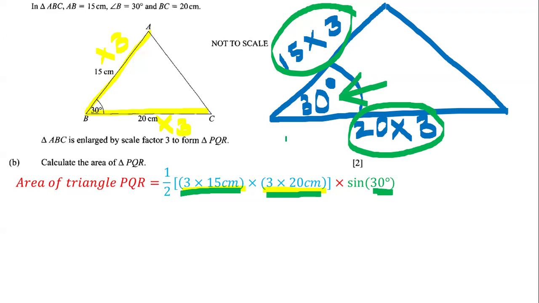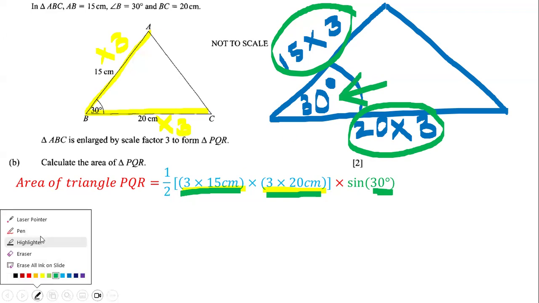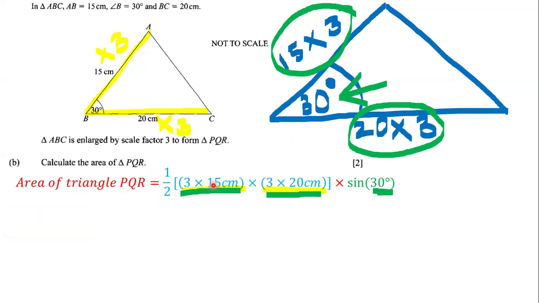And so that's how we have our answer. We have a half multiplied by a, which is 3 times 15, multiplied by b, which is 3 times 20, multiplied by sine C, where C is the angle 30.